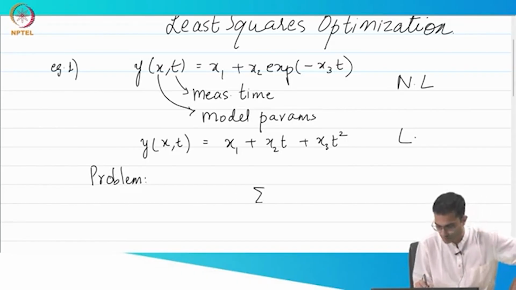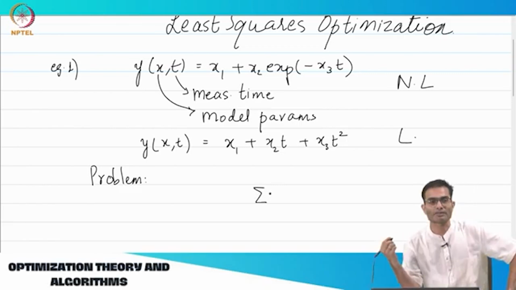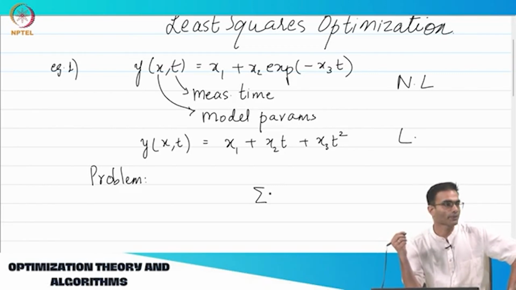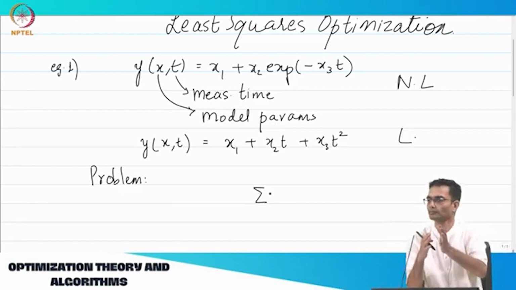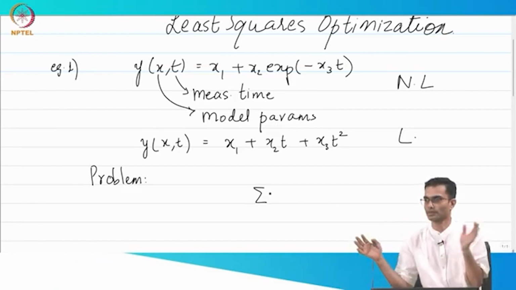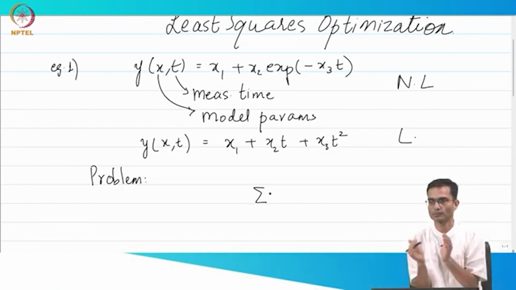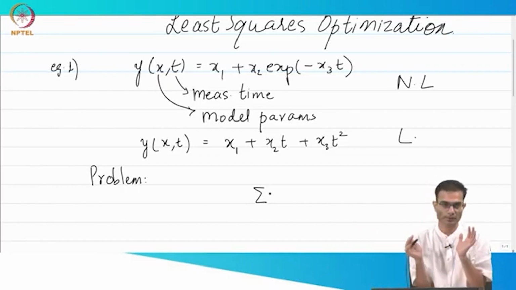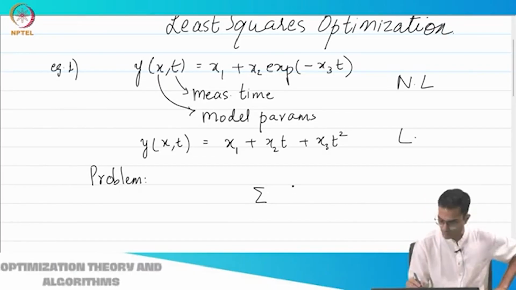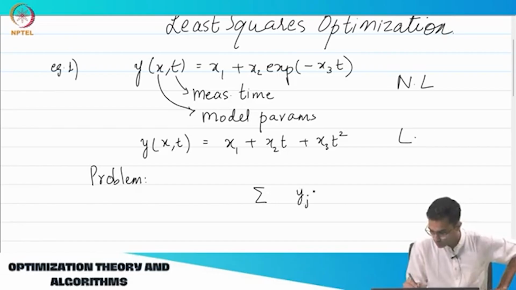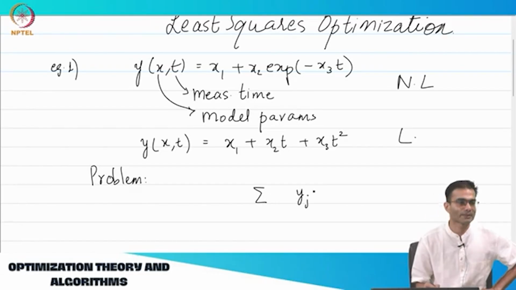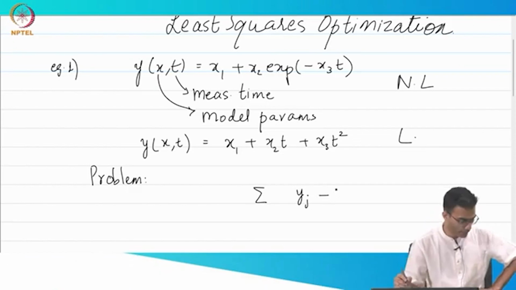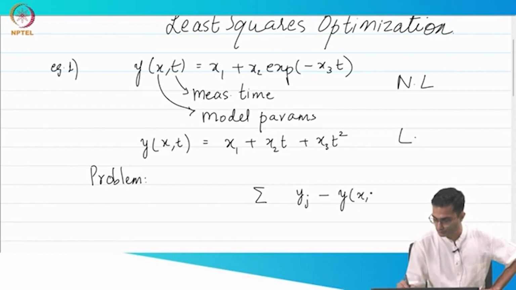We said, let us say I take m measurements. For each measurement, I have a model and I have the model's prediction. And this I have to try to bring as close to each other as possible. That's the basic idea. So if the measurement is, let's say, some yj, correspondingly the prediction is going to be this.